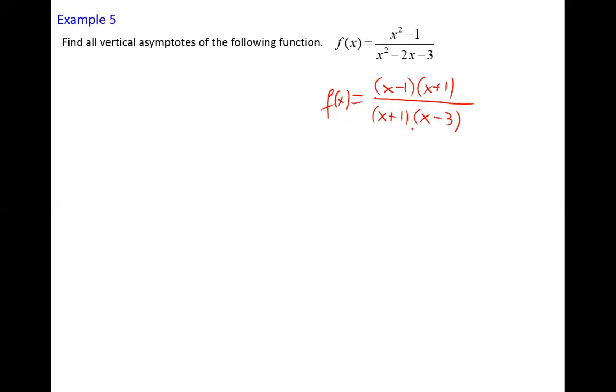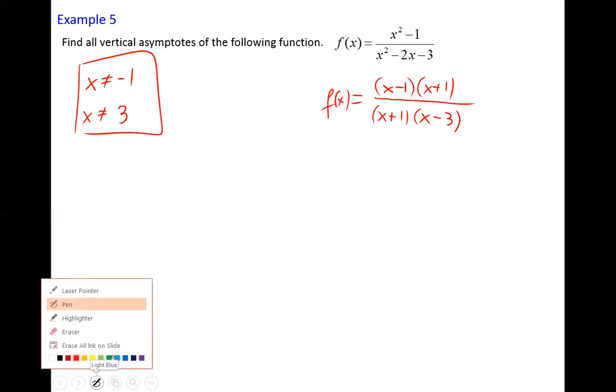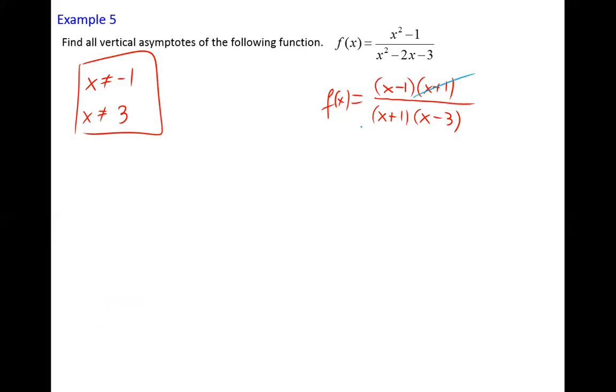Okay, that means first of all, I see that x equals negative 1 and x equals positive 3 are not in the domain. But we just learned that we can't assume that both of the numbers will give me a vertical asymptote. I can simplify. I am simplifying this way, and my reduced form looks like (x minus 1) over (x minus 3).